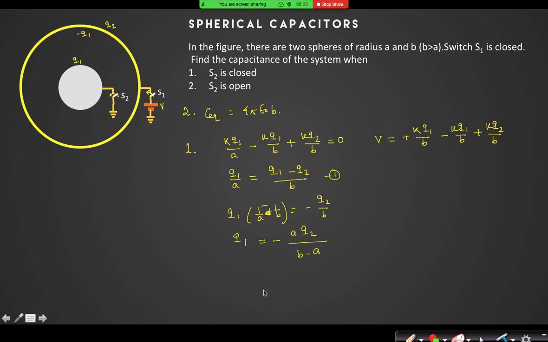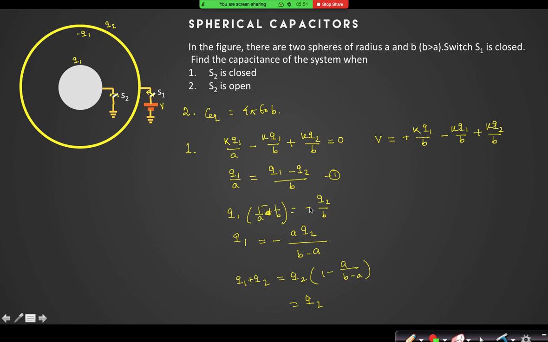Okay. So now what is Q1 plus Q2? Can I say it is Q2 into 1 minus A by B minus A? Q1 is equal to minus of that. Okay, have I done some mistake here? Q1 is equal to minus 1 by B. So B will get cancelled out. It will be B minus A or A minus B?